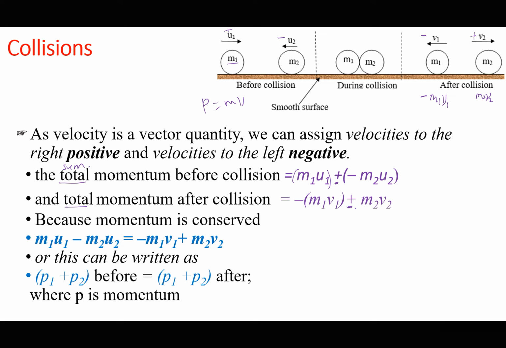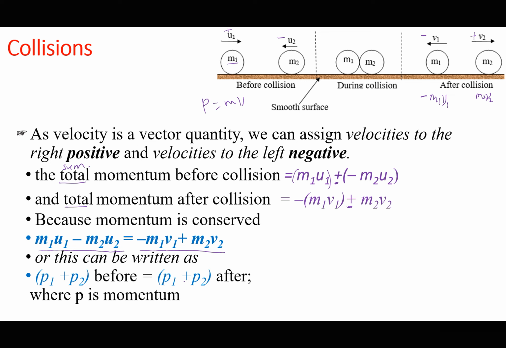If momentum is conserved, remember total momentum before collision is always equal to the total momentum after collision if the system is isolated. So I'll just equate the two: m1 u1 minus m2 u2 should be equal to negative m1 v1 plus m2 v2. Or I would simply say P1 plus P2 before equals P1 plus P2 after, where P is the momentum, with P1 positive and P2 negative before, then P1 negative and P2 positive after collision.